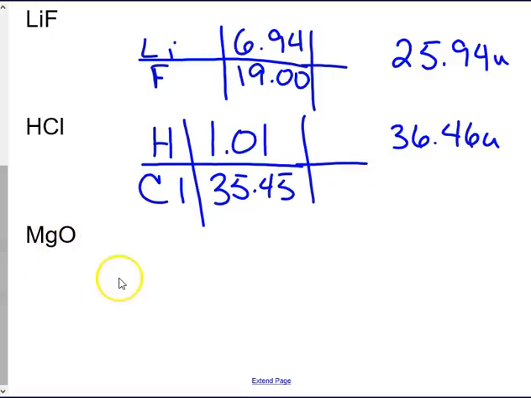Oh, magnesium oxide. I don't have it written down here, but magnesium has a mass of 24.31. And since oxygen is 16.00, altogether you should have gotten a total mass of 40.31.